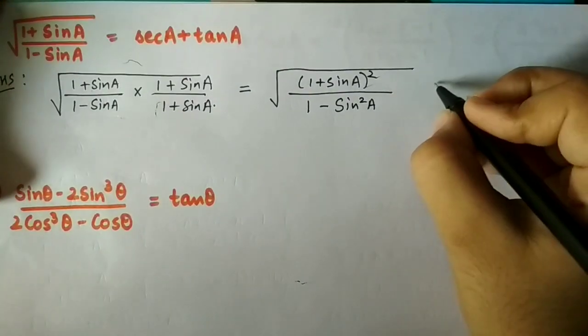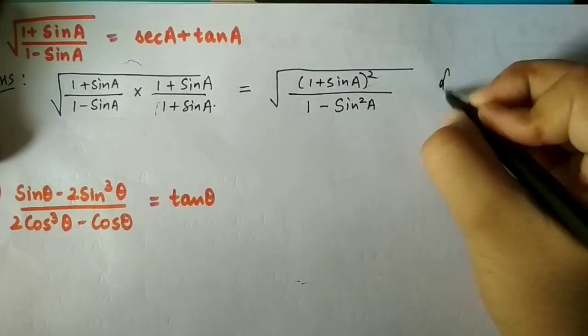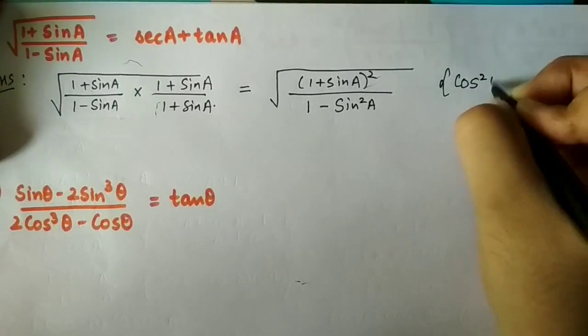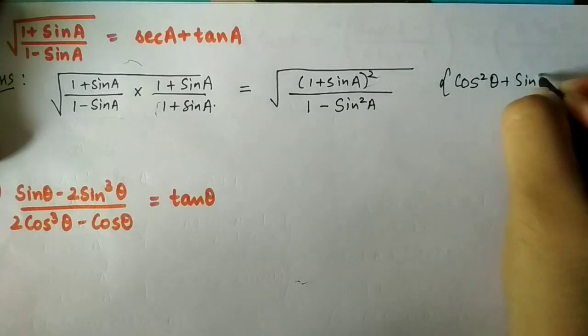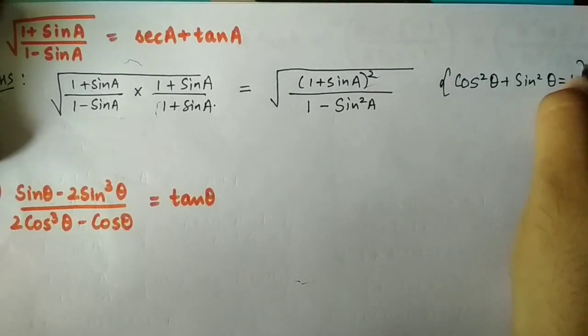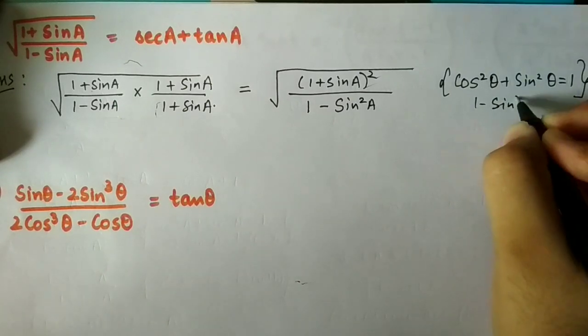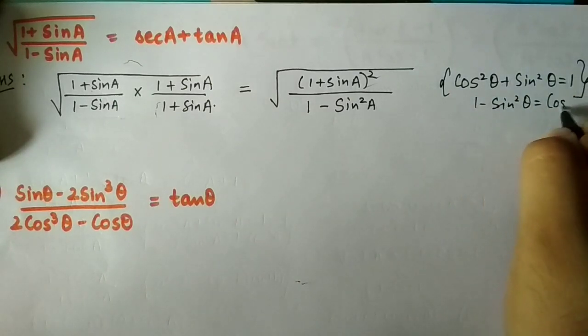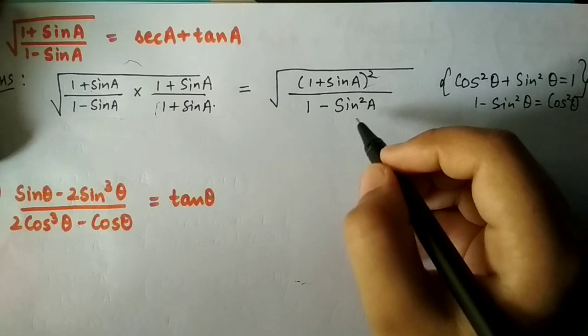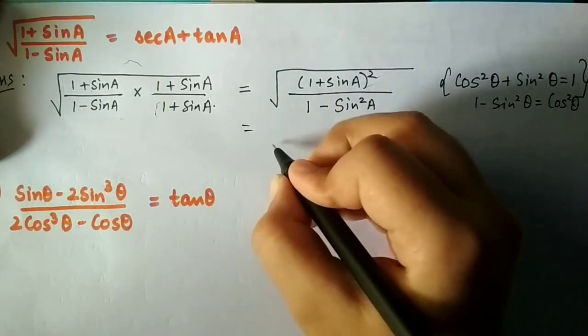So now you know the identity, cos square theta plus sin square theta is equal to 1. Therefore 1 minus sin square theta is equal to cos square theta. So replace 1 minus sin square theta with cos square theta.